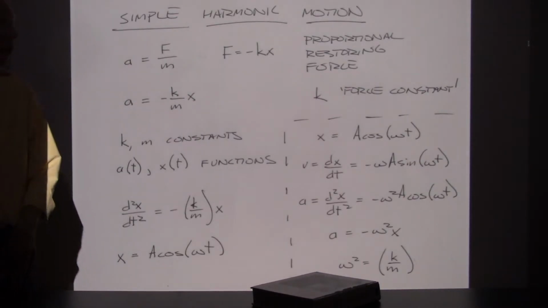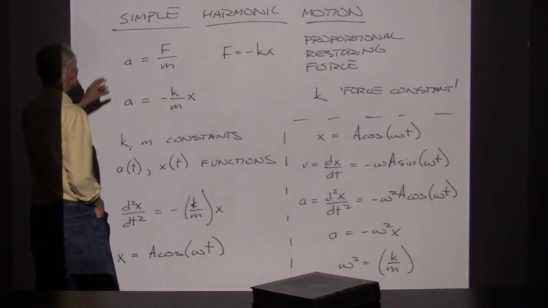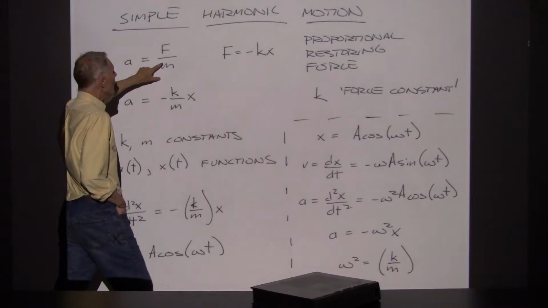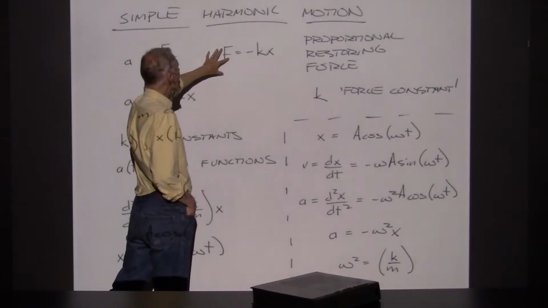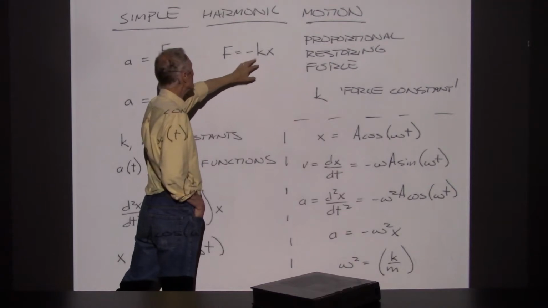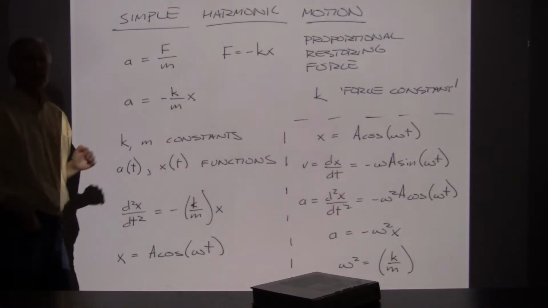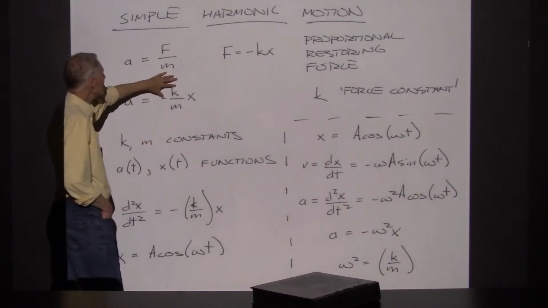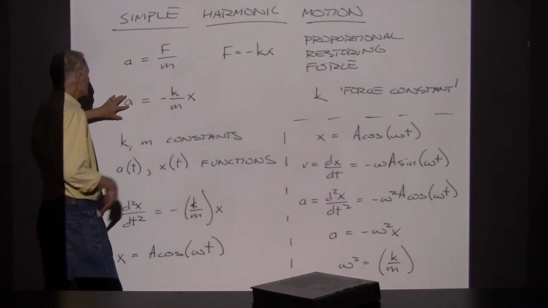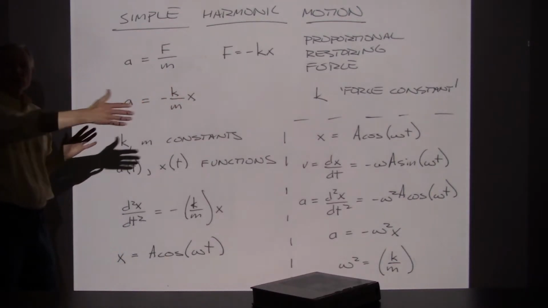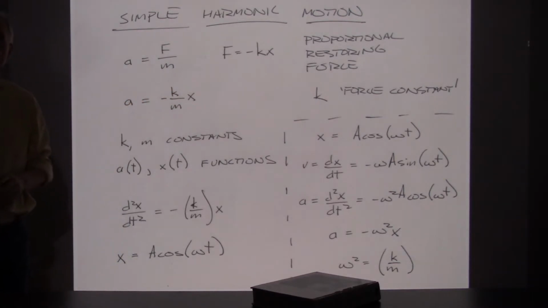For oscillations, we're going to say the acceleration is equal to F over m. Now the force we're dealing with is an oscillatory type force. It's a restoring force where F is equal to minus k times x. So I can substitute that in and say the acceleration depends on displacement. The larger the displacement is, the larger the acceleration will be.